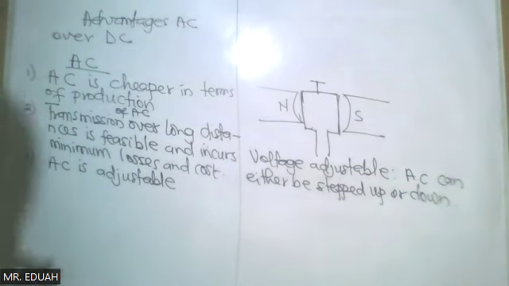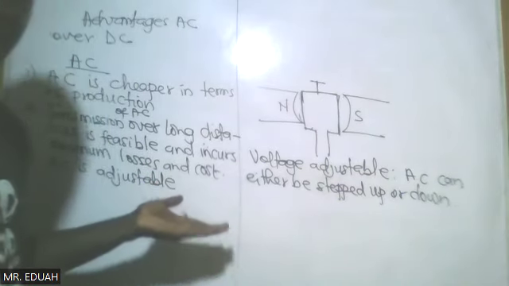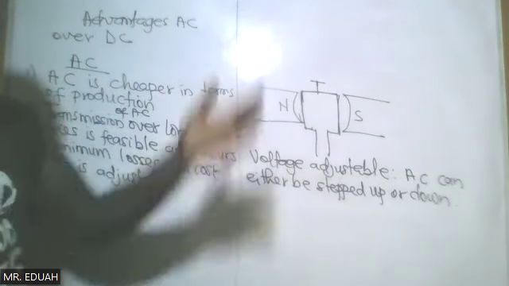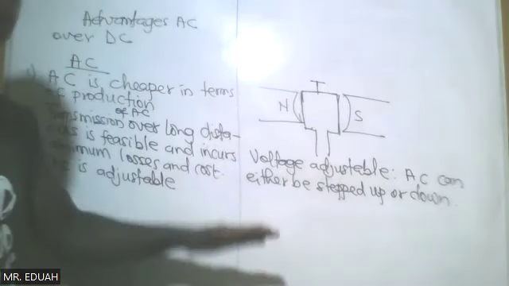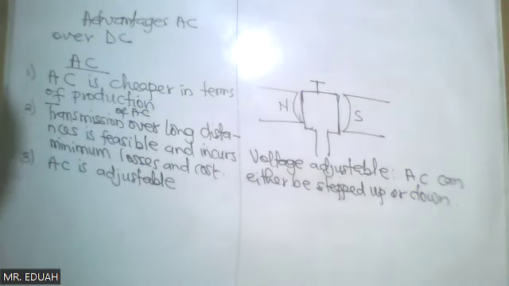When we are stepping alternating current up, it means we are increasing it. If we are stepping it down, it means we are decreasing it.